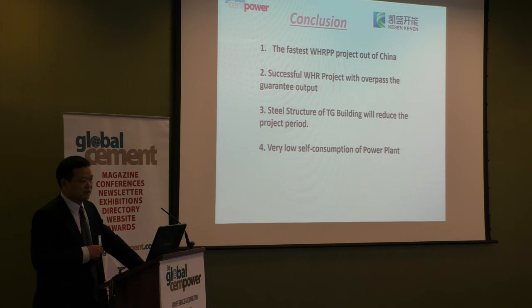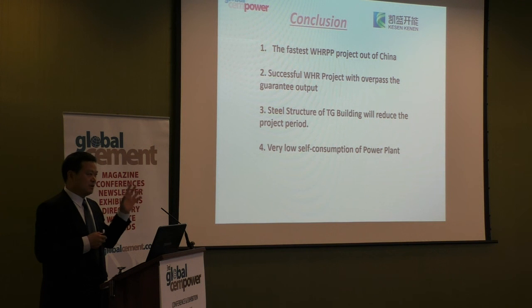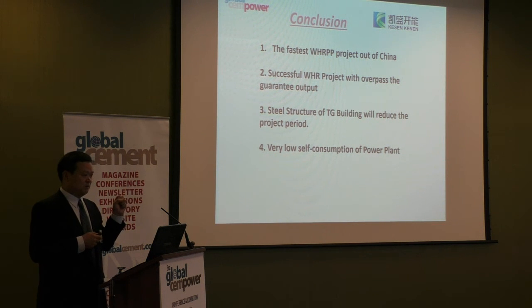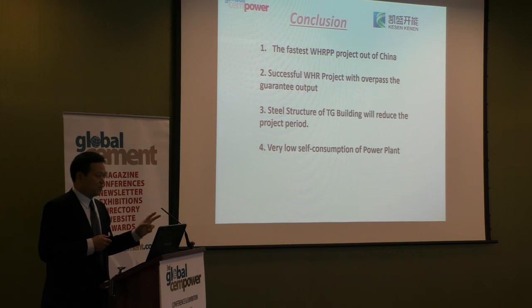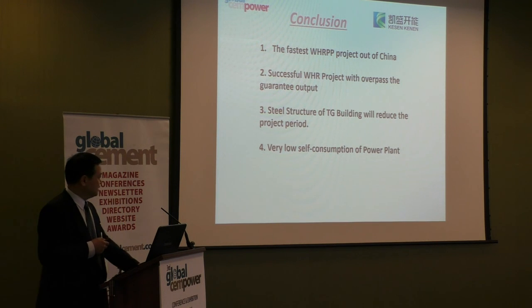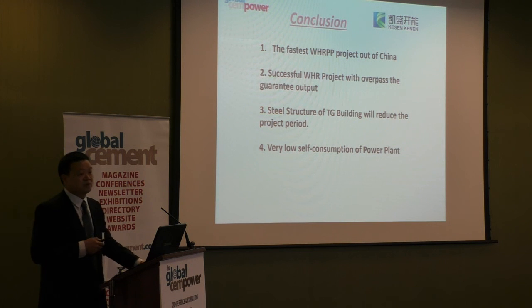It's very low. From the customer's point of view, the customer always asks for the net output, not only your gross output. Net output is key. It's very, very important, so you have to subtract the self-consumption of the power plant.